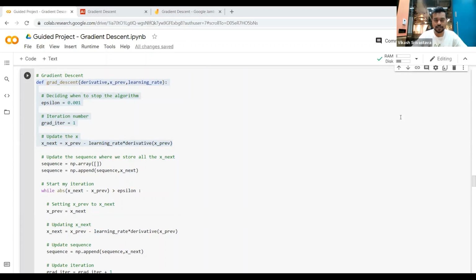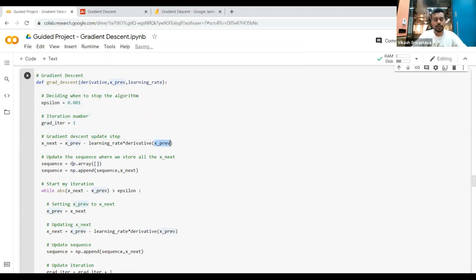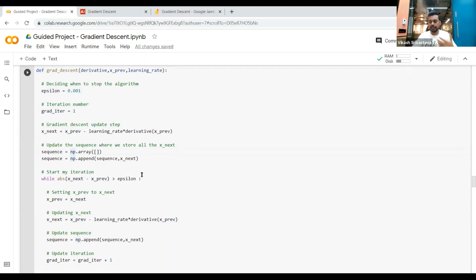Okay, all right. I think you understand. It's pretty straightforward. In fact, I'll just write this: this is the gradient descent update step. So x next is equal to x prev minus the learning rate times the derivative evaluated at x prev.